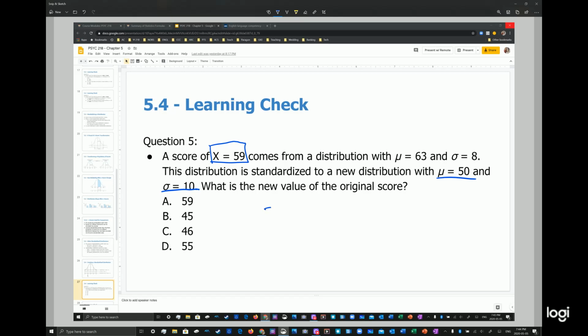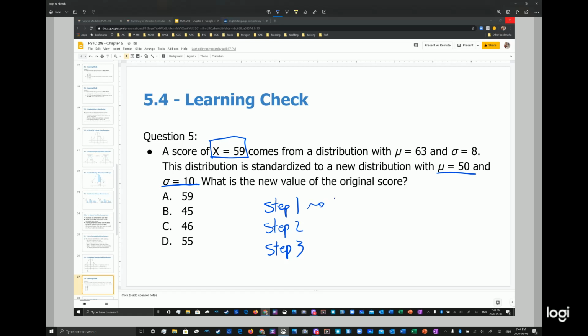You can remember the steps here. Step 1, step 2, step 3. Okay, so get the original score and distribution.